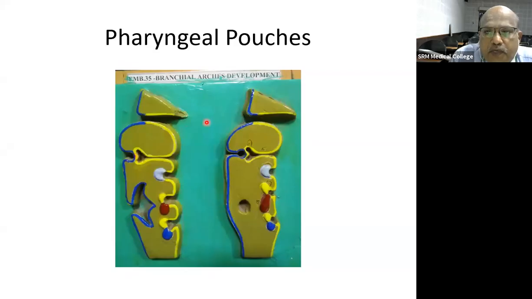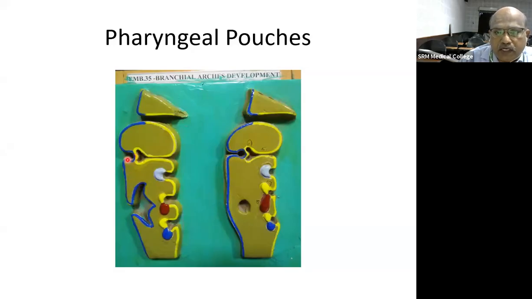Now this model is mainly for pharyngeal pouches. Important point here: this is your first pouch, this is first cleft. The remaining clefts are getting obliterated by the downward growth of your second arch.